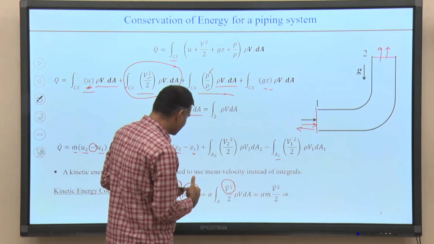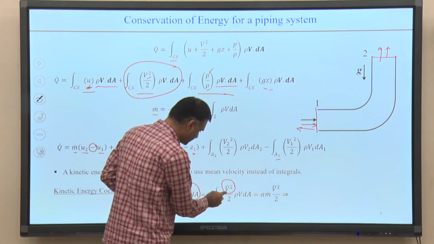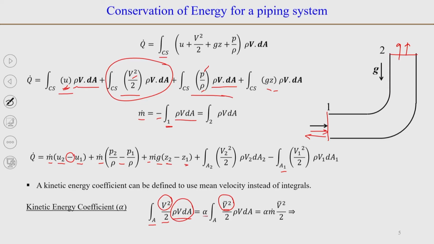We have brought in a factor called the kinetic energy coefficient, and we represent the velocity v in terms of the mean velocity. So, this term then becomes alpha m dot into v bar squared by 2.